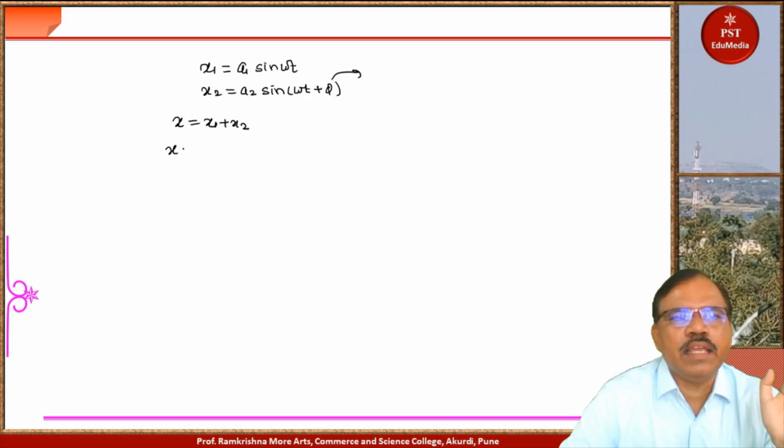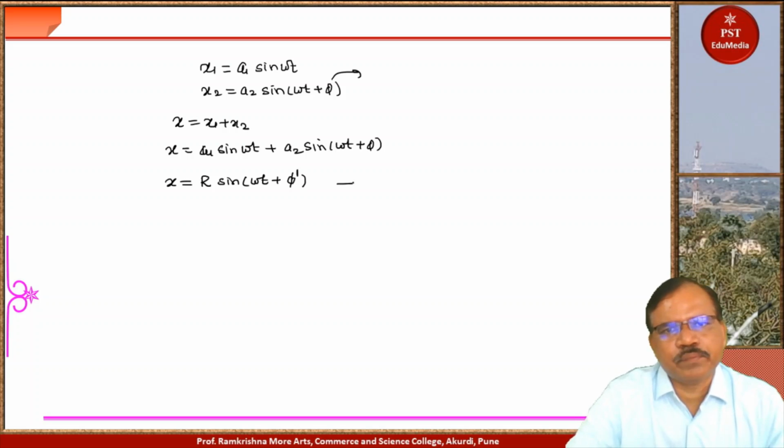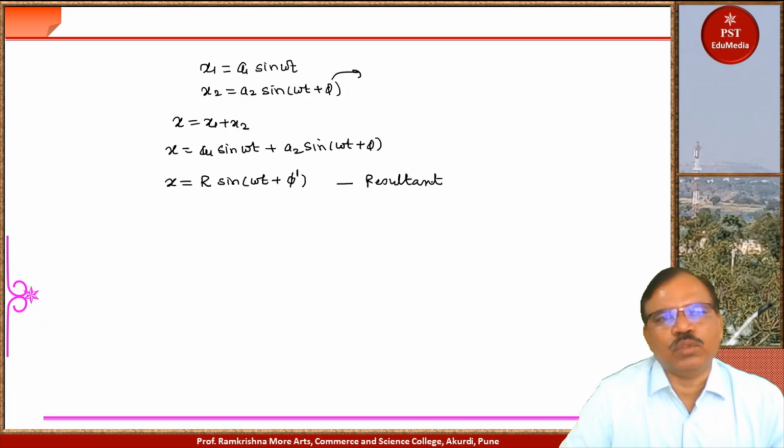So we get x is equal to A1 sin omega t plus A2 sin omega t plus phi. And if we solve this, we will get x is equal to again R sin omega t plus phi dash. So this is resultant. So resultant of two simple harmonic motions along the same line is also simple harmonic motion.